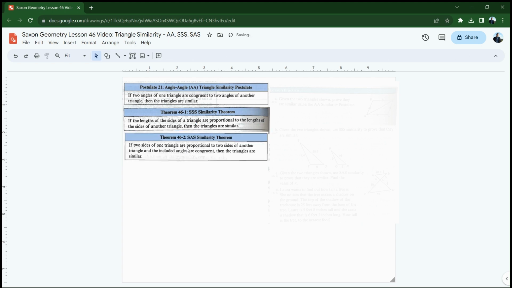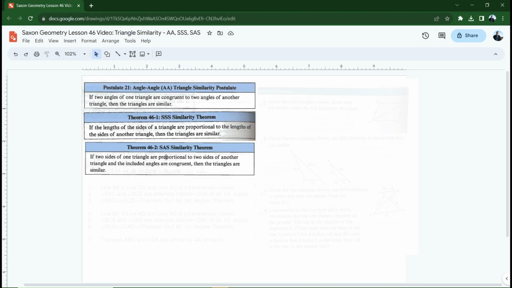And then the last one, notice there are three things. The side-angle-side theorem says that if two sides of a triangle are proportional to two sides of another triangle, but now listen to this change up here, the included angles are not proportional but congruent. Now remember, in similar polygons, the sides are proportional but the angles are congruent.